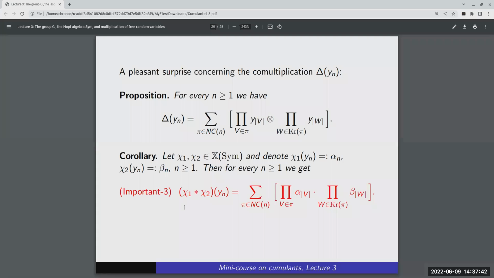Then when you compute chi_1 star chi_2 of y_n, you apply chi_1 tensor chi_2 on this delta, meaning chi_1 on the first component times chi_2 on the second component. Chi_1 and chi_2 are both multiplicative, so you get the product of alphas times the product of betas. So the right-hand side is the same thing with alphas and betas multiplied, summed over all the pi's.